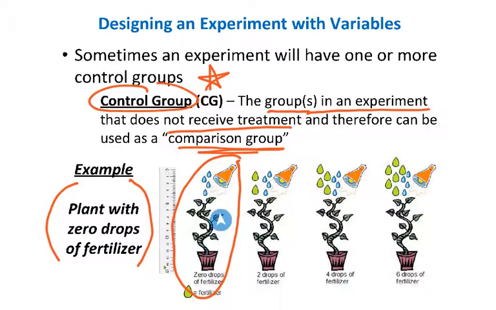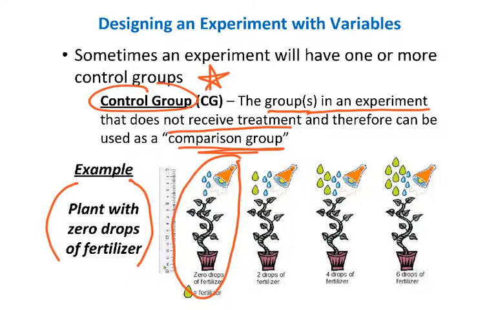We want to have this plant because we want to see if the fertilizer makes a difference at all, right? Here we're giving plants different amounts of fertilizer to see if the amount makes a difference, but we need to compare that to a plant that gets no fertilizer because maybe the fertilizer doesn't even make a difference. Maybe it doesn't matter how much fertilizer the plant gets.